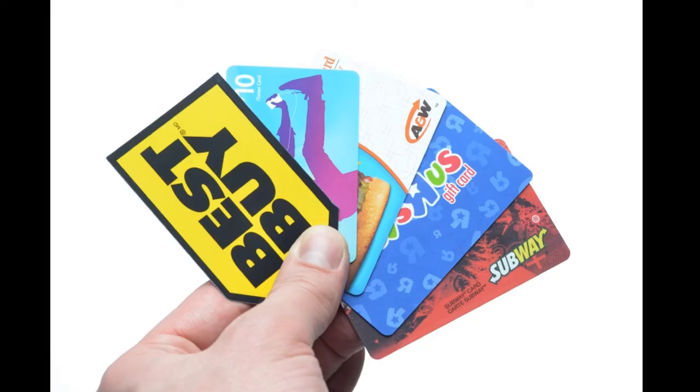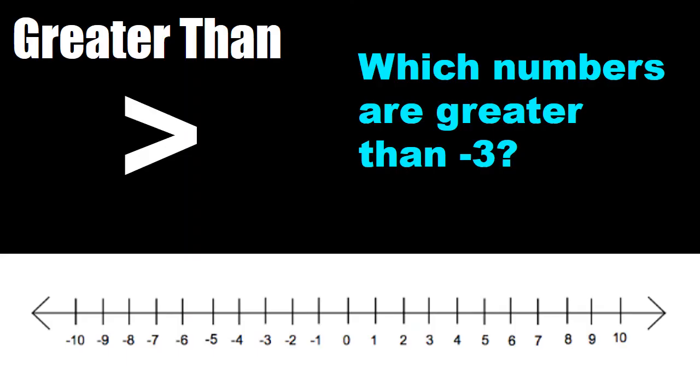If it's $25.01, you cannot buy that product, which means that you went over. And so for inequalities, all we're talking about is that there is more than one answer, or more than one value that meets the inequality.